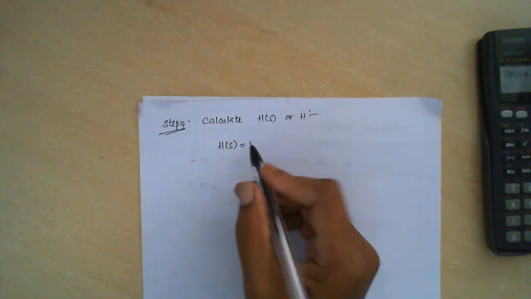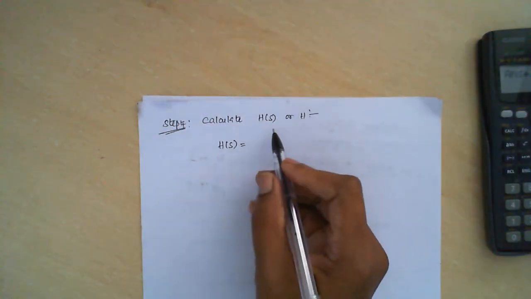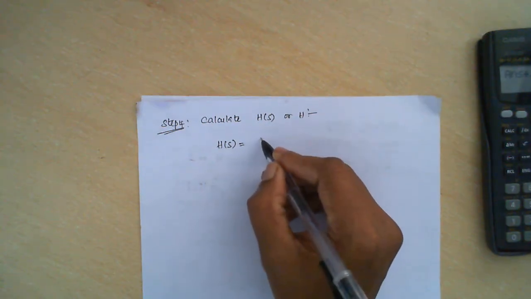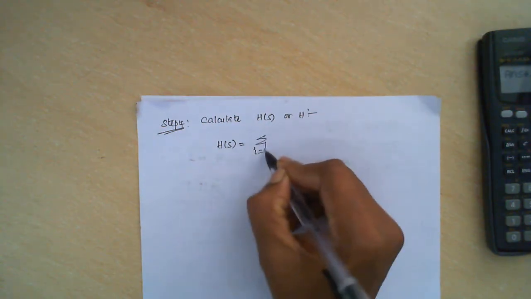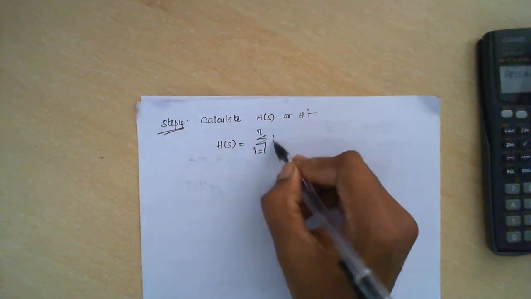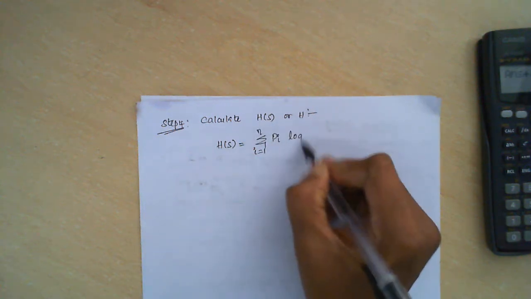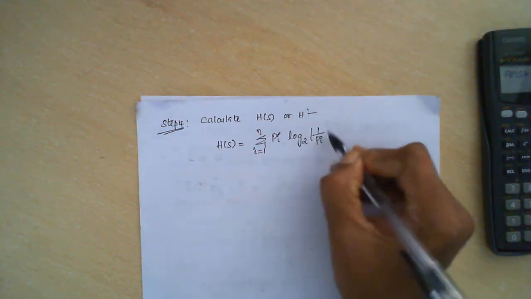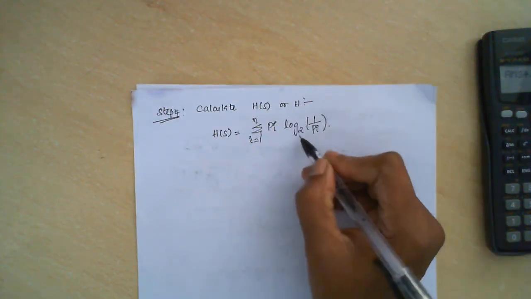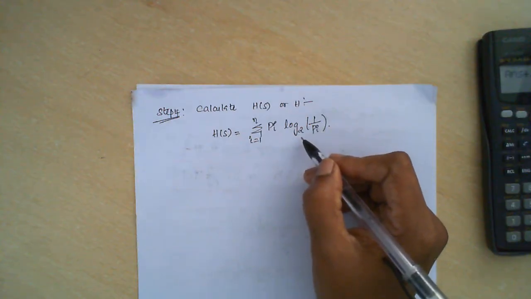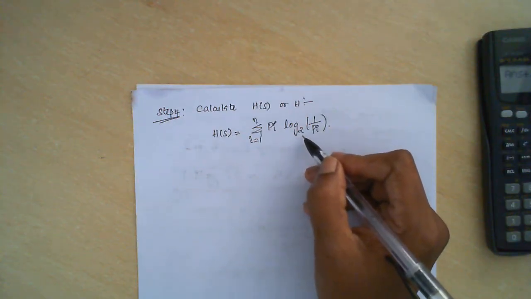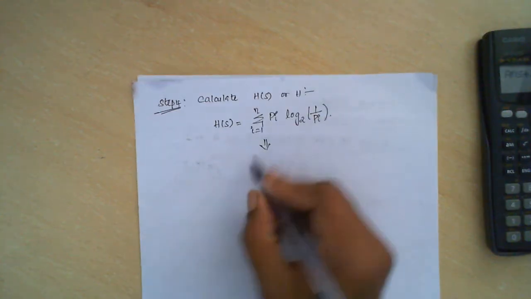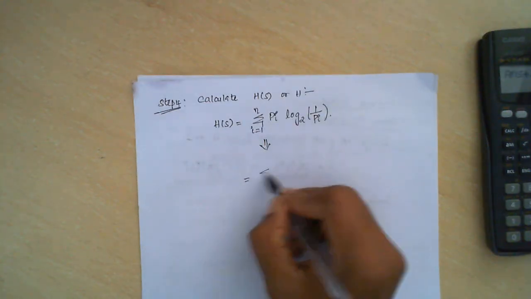Step 4 is calculating the value of entropy in terms of H of S. The formula for this is summation i equal to 1 ranging to n of pi log base 2 of 1 by pi. This is tedious to calculate on a calculator using base 2, so we need to convert it into a form that is easier to calculate.